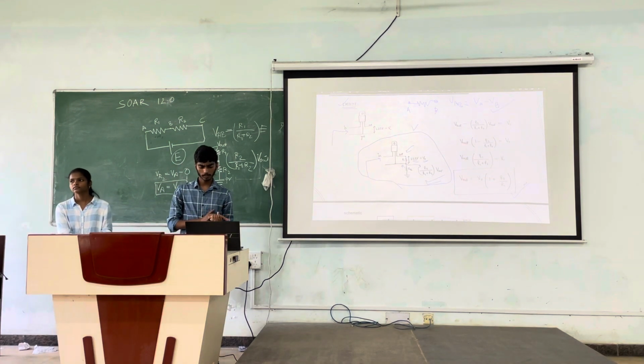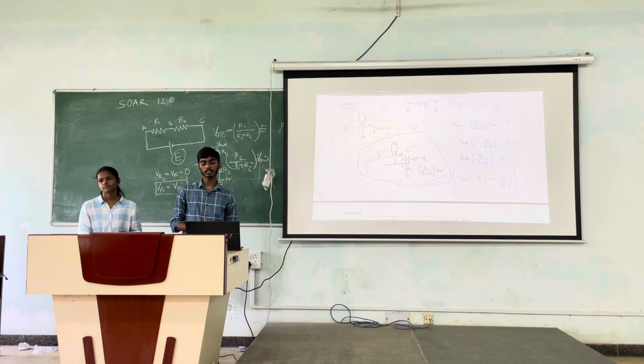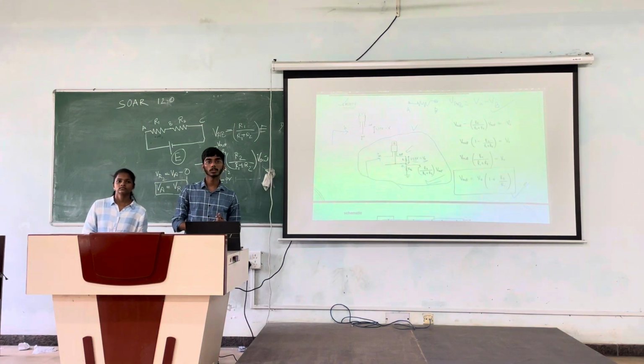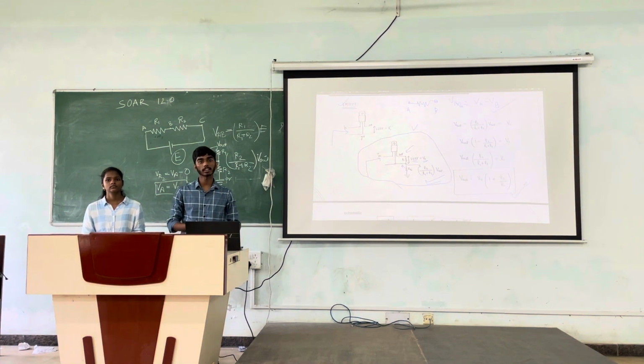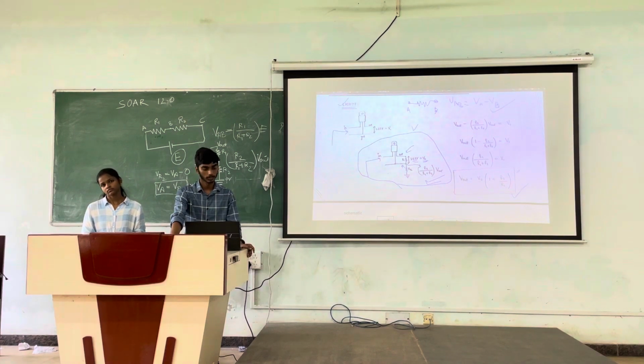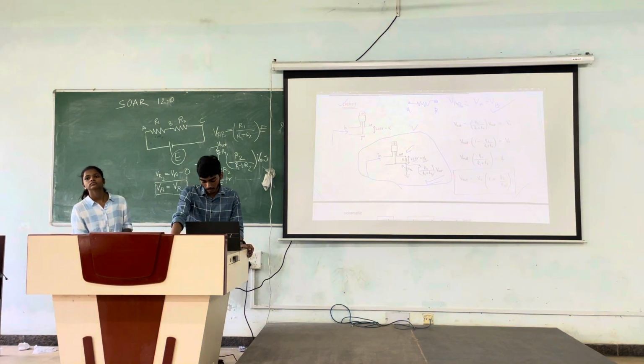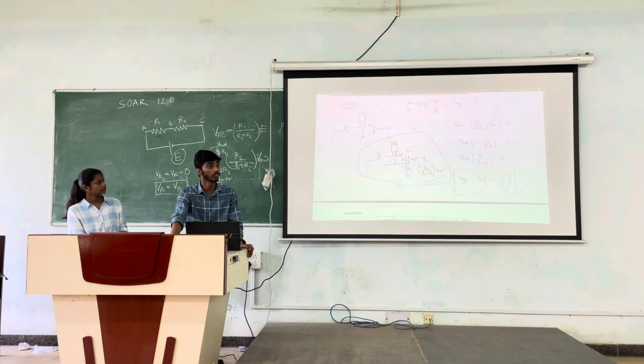Can you tell me, is it in our hand to change V naught? No? Why? Yeah, it's fixed. It is a characteristic voltage of this IC. We cannot change it. So what's in our hand in this equation? What we can change is R2 and R1. By changing the R2 and R1 combination, we can vary this voltage V out.